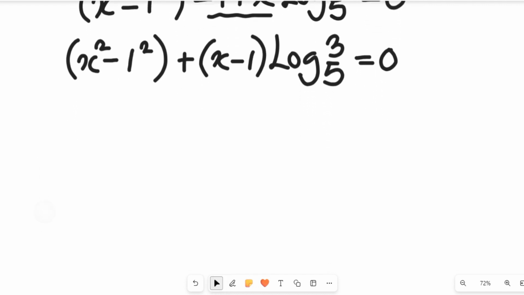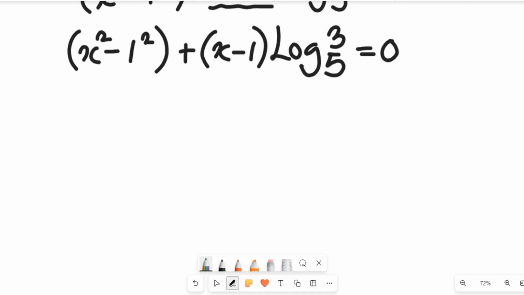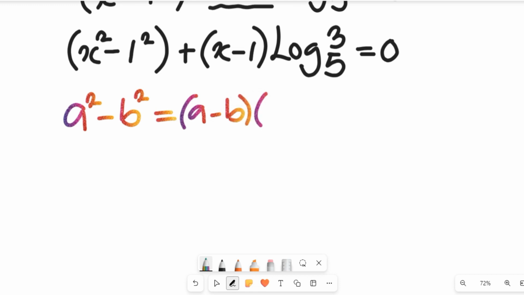Now, having done this, let's recall the algebraic formula that if we have a square minus b square, this is the law of difference of two squares. This will become a minus b, multiplied by a plus b.